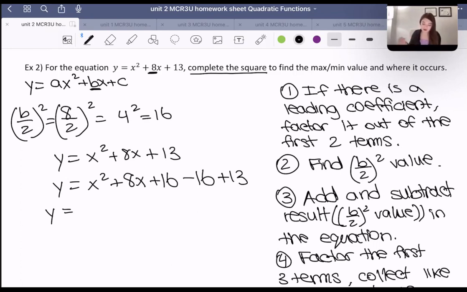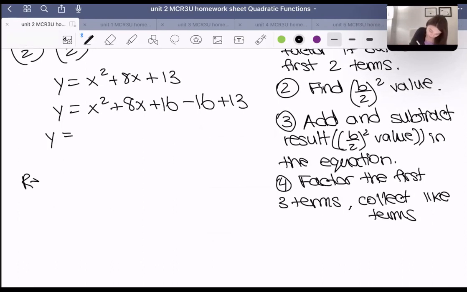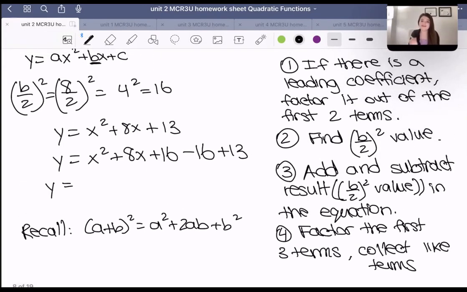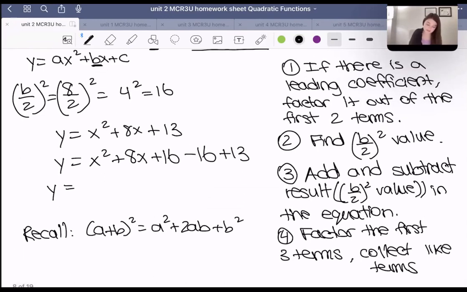Recall that a plus b squared is equal to a squared plus 2ab plus b squared. It's always going to be this pattern. That's why we found the b over 2 squared value, so that we could guarantee that every time it will follow this pattern.